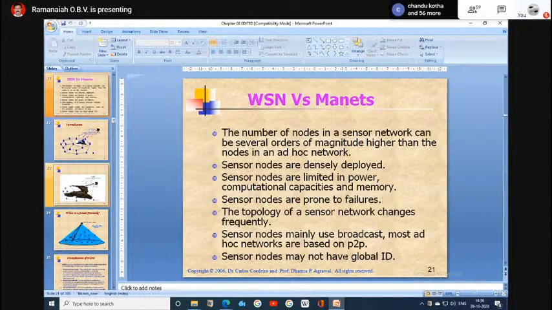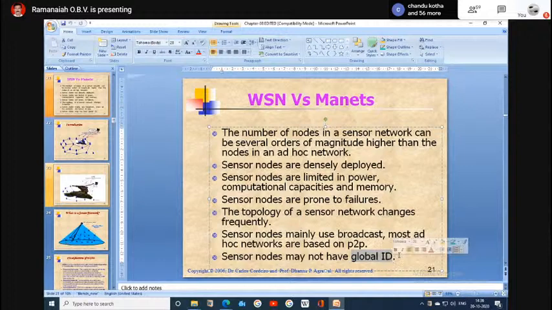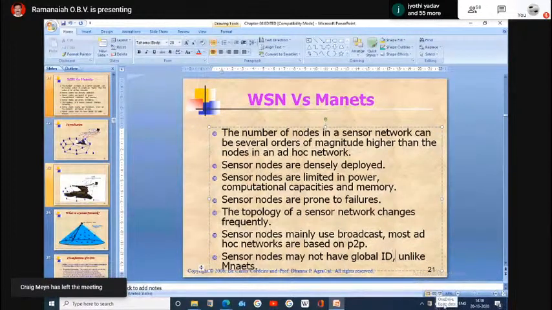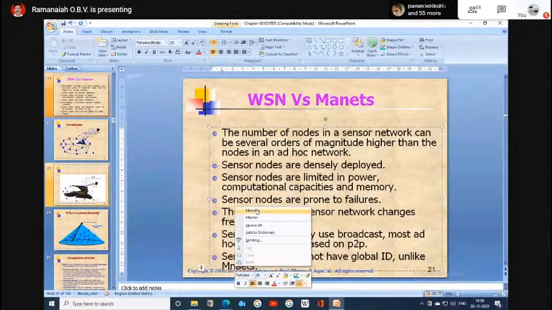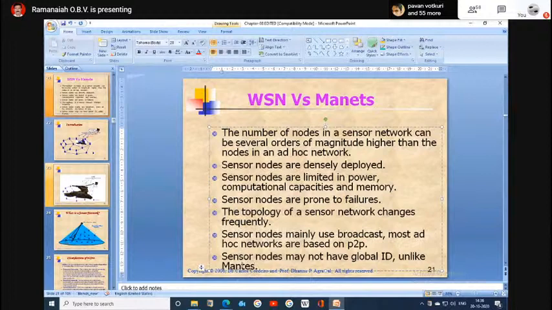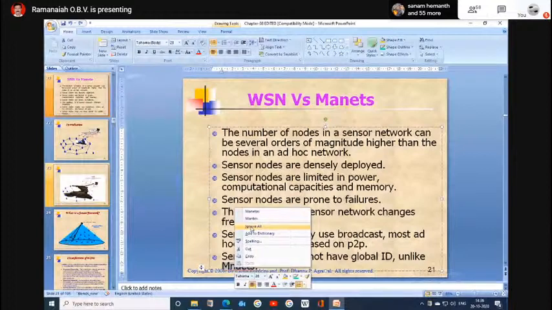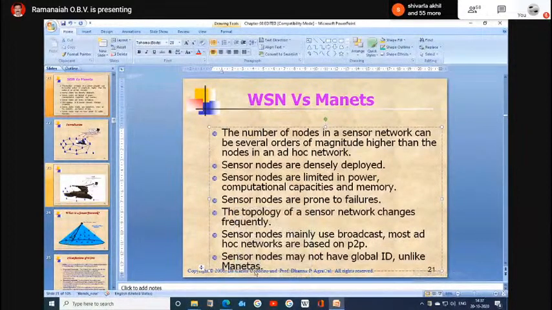There is no concept of global ID like in conventional mobile ad hoc networks and like managed networks. Is that clear?